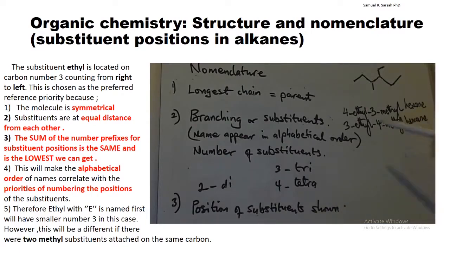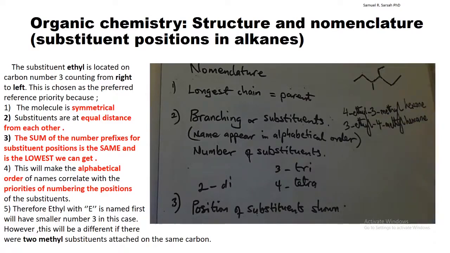Now, which one do we prefer? This one or this one? Well, this second naming will be more preferable than the first one, because the ethyl group has the smallest number, which is 3, yet the methyl group has the largest number, which is 4.